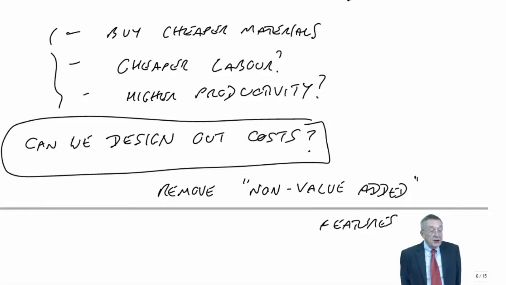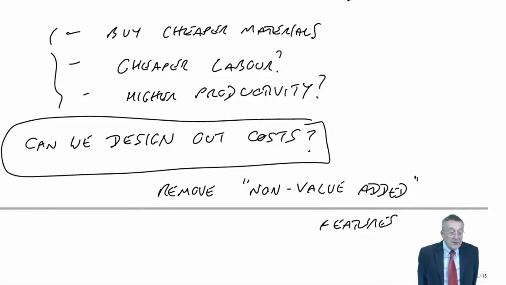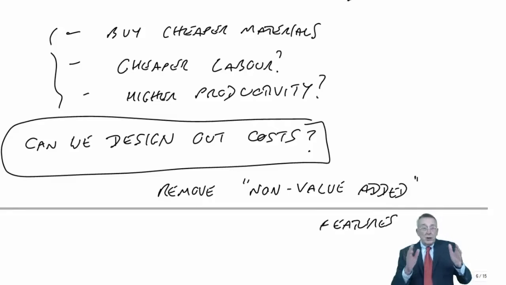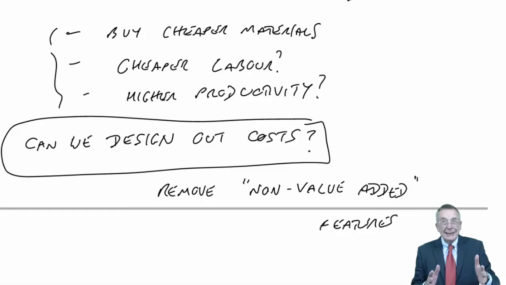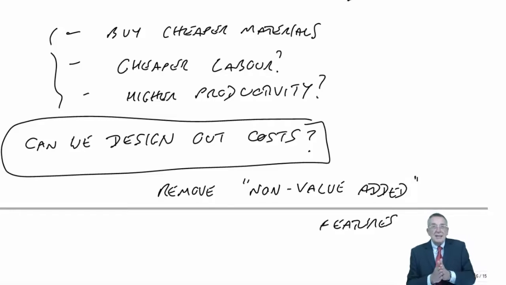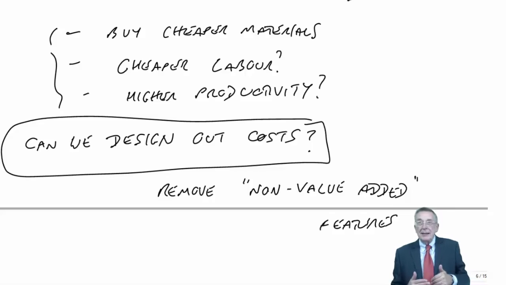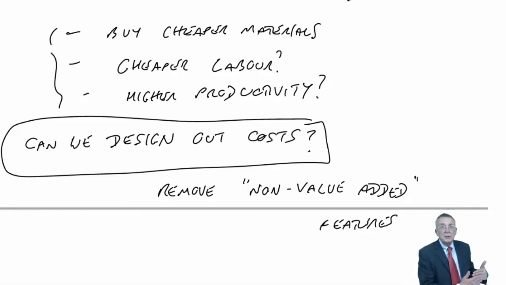Value analysis, value engineering, it fits in exactly with what I was saying. When I said about designing out costs, we want to look to see what it is about our product that matters to the customer, that gives it value. And anything the customer isn't impacted by, see if we can remove and cut costs.